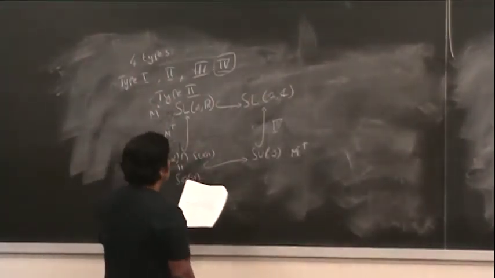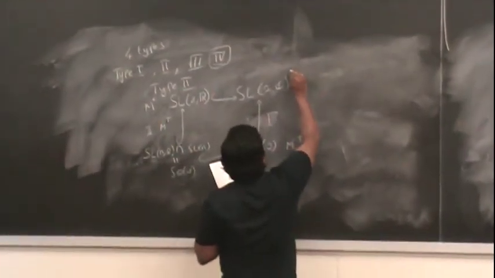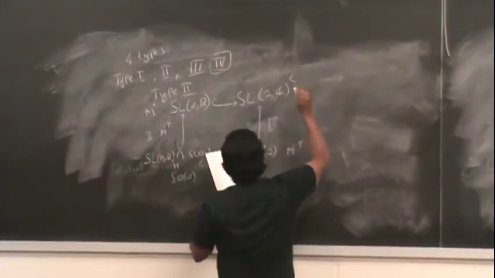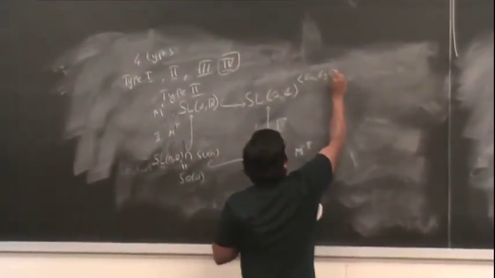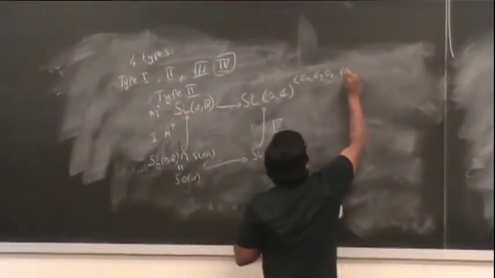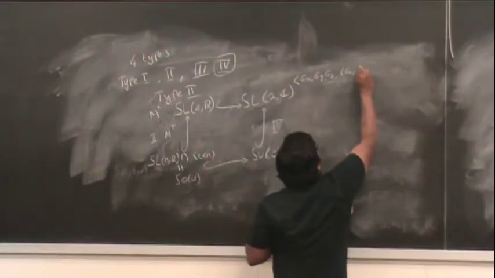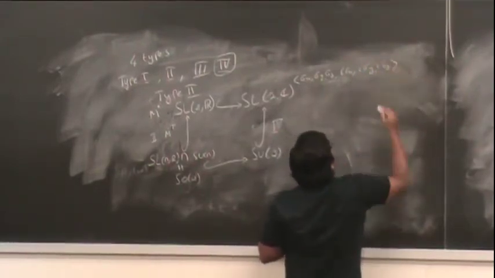So look at SL2C. These are all the matrices. We can generate them using sigma x, sigma y, sigma z, and then i sigma x, i sigma y, i sigma z.